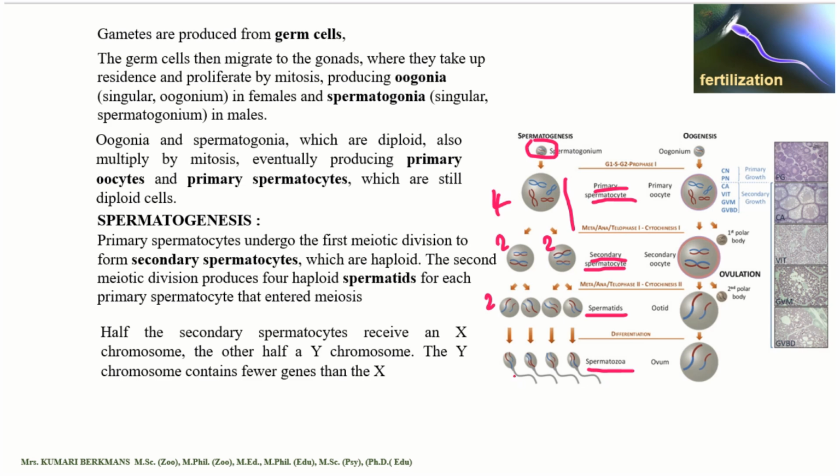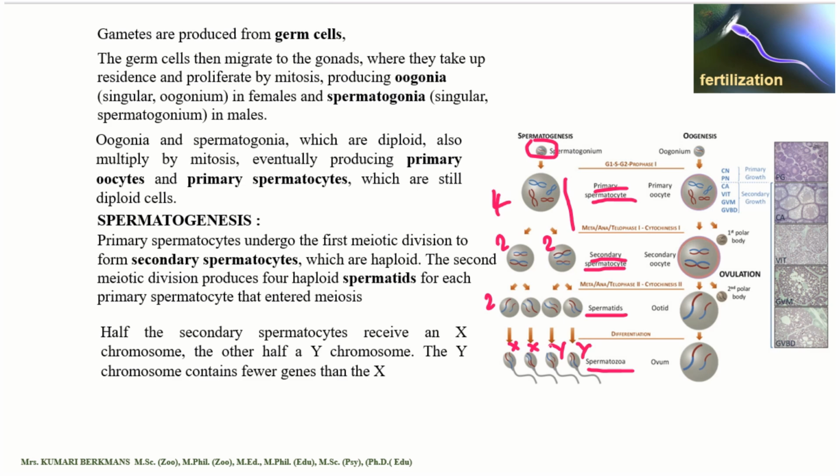Another important thing to keep in mind: 4 spermatids are forming, or 4 spermatozoa are forming. Half of the spermatozoa, 50%, possess X chromosome and the other 50% Y chromosome.